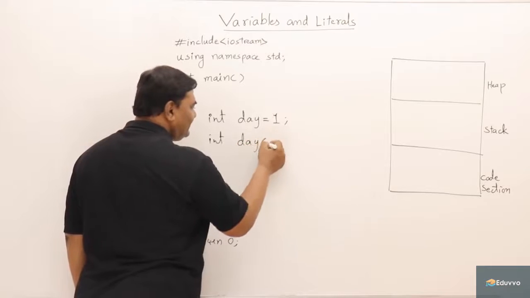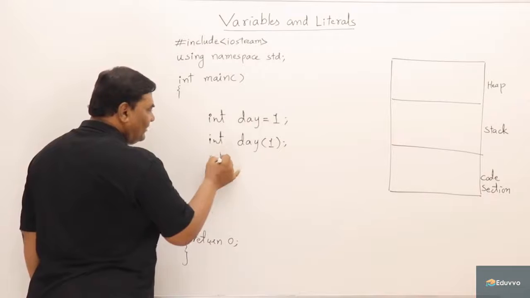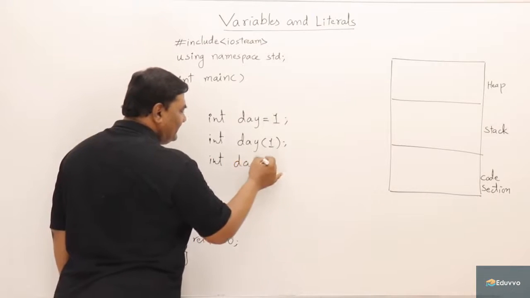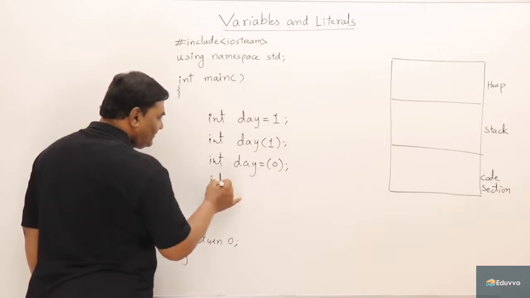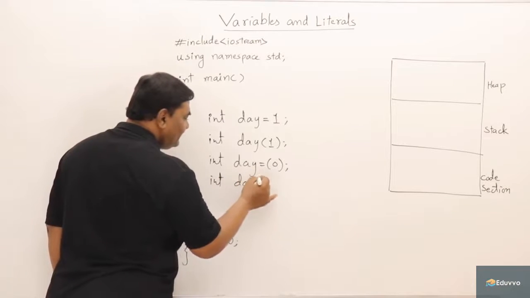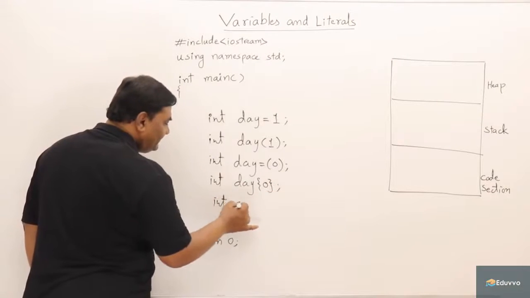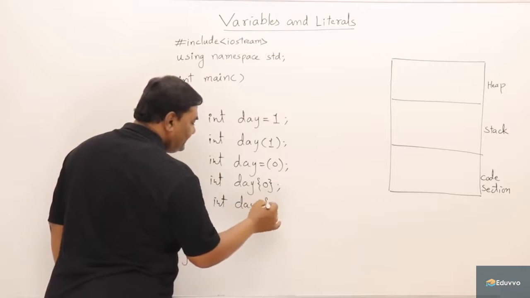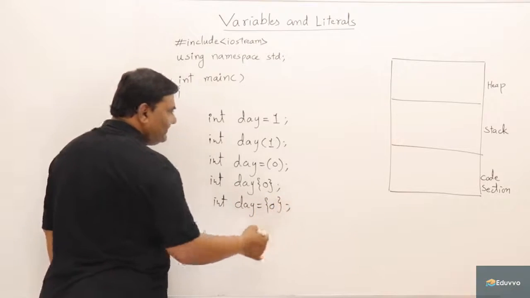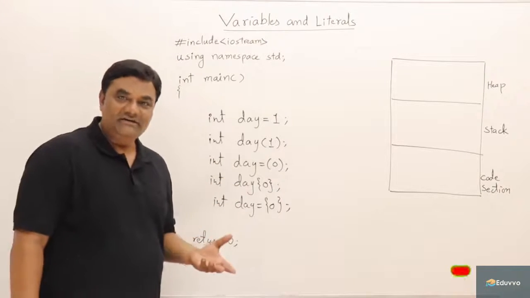I can assign it like this also, or it can be initialized like this also in brackets, or it can be initialized in the flower brackets, or it can be initialized with assignment and flower brackets. These are the 5 methods by which you can assign a value.